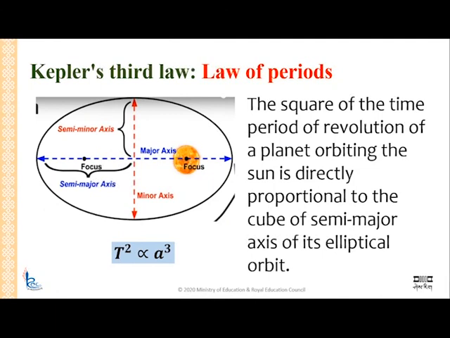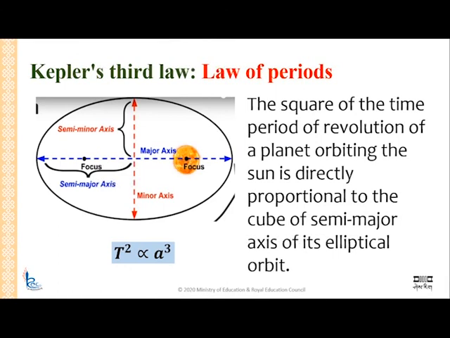So this law means that how long the planet takes to revolve around the Sun depends on the semi-major axis. The larger the semi-major axis, the more time the planet takes to revolve.